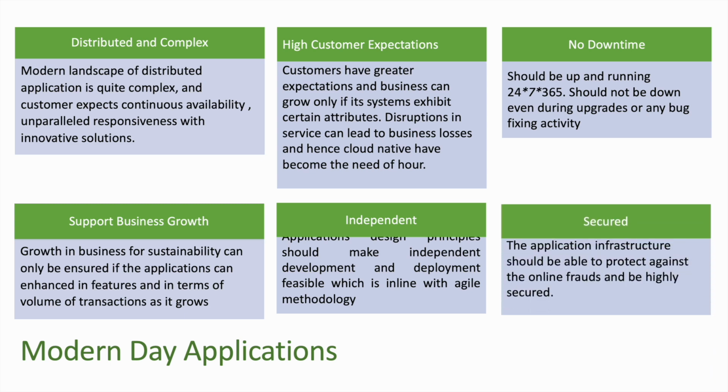Then obviously security is one of the major concerns today with the cloud, and this has to be taken care of by the application. Or even if you deploy it on the cloud, then the cloud infrastructure or the managed services should be able to address these concerns around security.